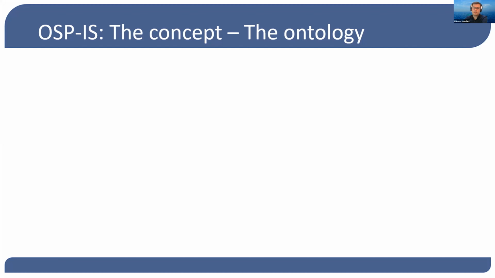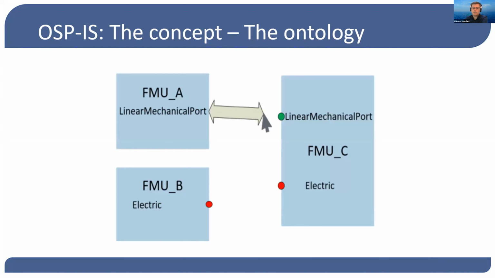Using the port concept, we can model bonds from bond graph theory, which is a favorable framework when connecting physical quantities between simulation models. And we can model pseudobonds. This allows us to connect the FMUs on a higher level. In this example, the linear mechanical port of FMU A can be connected to the linear mechanical port of FMU C, while it cannot be connected to the electric ports of FMU B and C.